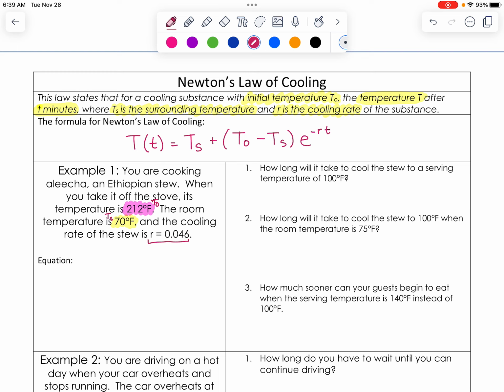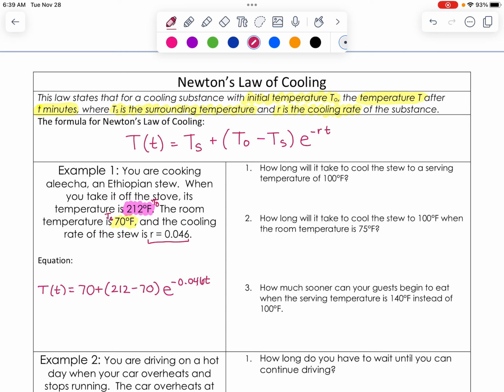So let's start by plugging these three numbers into the equation. So we've got T of little t equals TS is the surrounding temp, so that's 70, plus T0 is the initial temp, 212, minus TS, which we said is 70, times e to the power of negative R, so negative 0.046 times t.